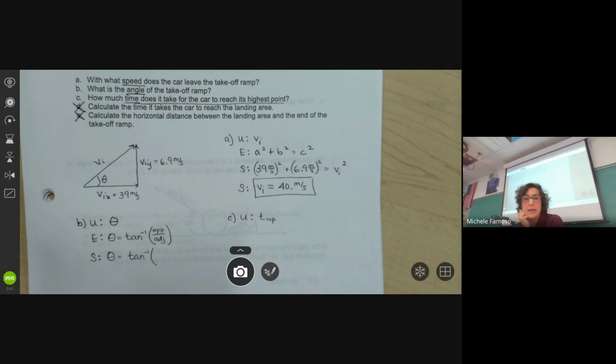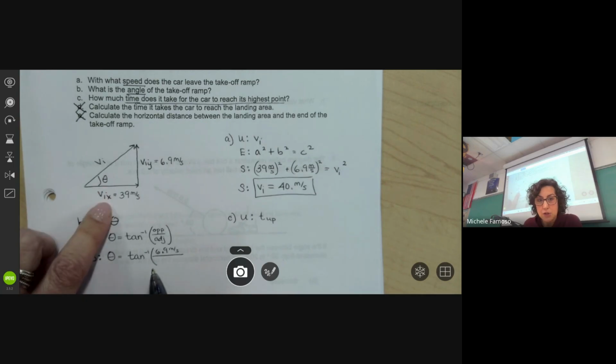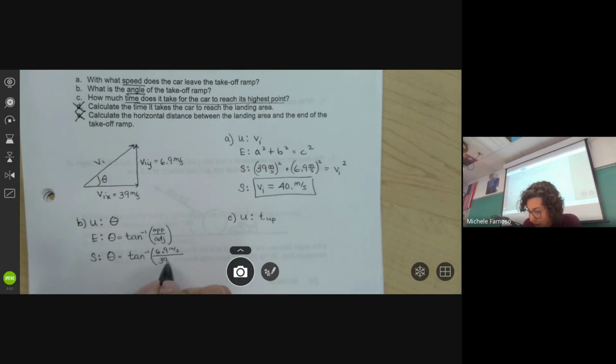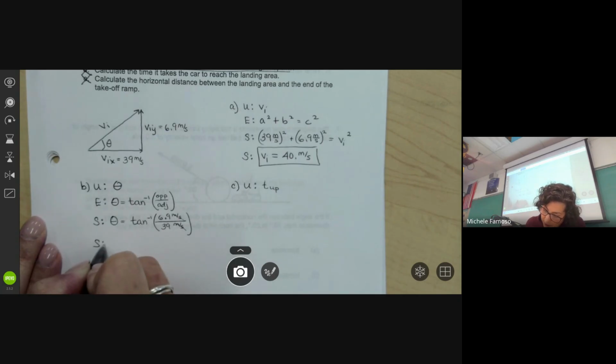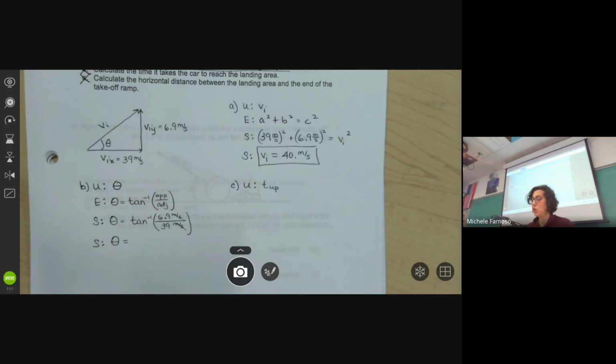Which side is opposite that angle? The 6.9 meters per second. The one that's next to it, adjacent, is 39 meters per second. We can see those meters per second will cancel. So now you're going to solve it, getting the angle to the nearest degree.